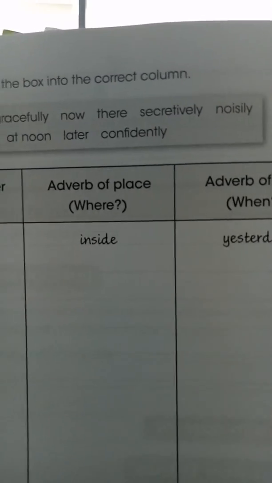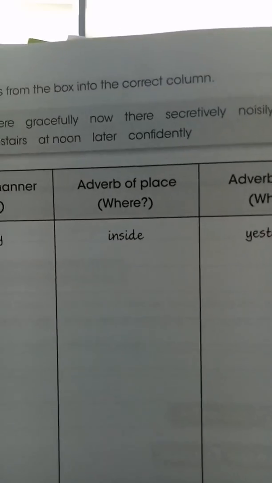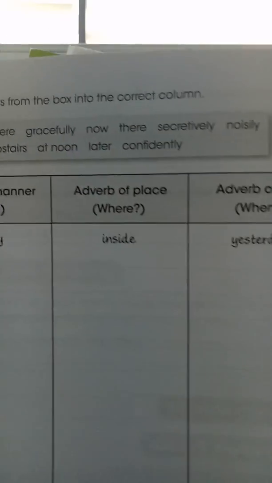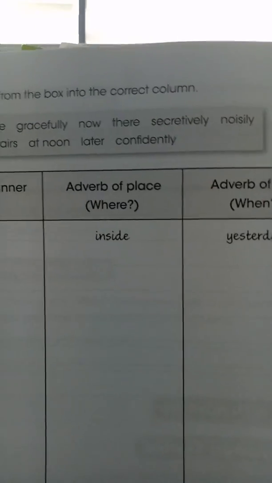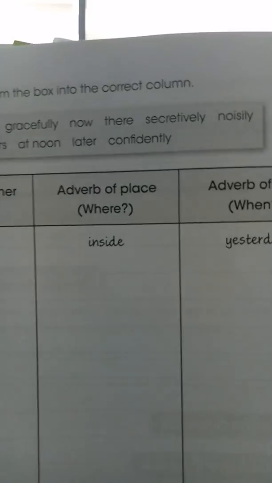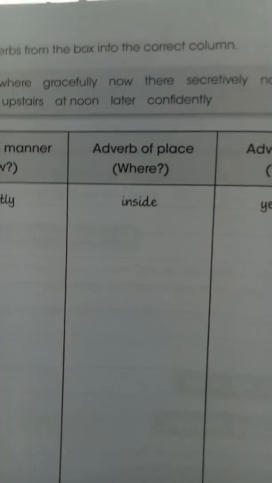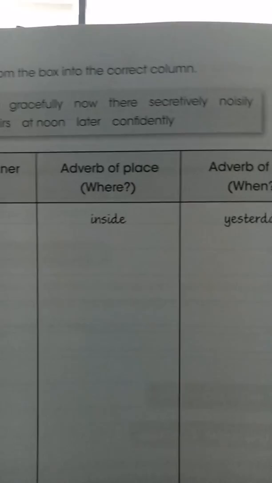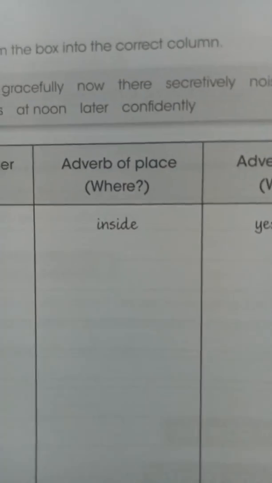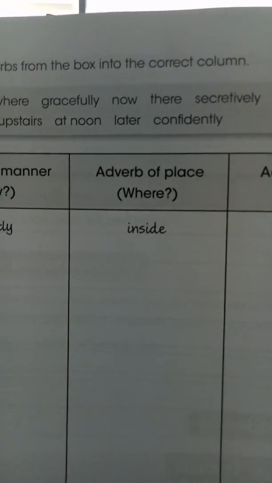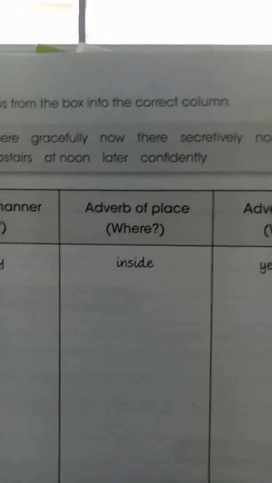All right, so in the sentence, he went inside the airport, you will ask where? Inside. So on that sentence, our adverb is inside, because you can also say he went outside the airport. In that case, where did he go? Outside. So that will be the adverb of place. Again, do not confuse it with the place noun. Always think, is it a noun or is it an adverb?